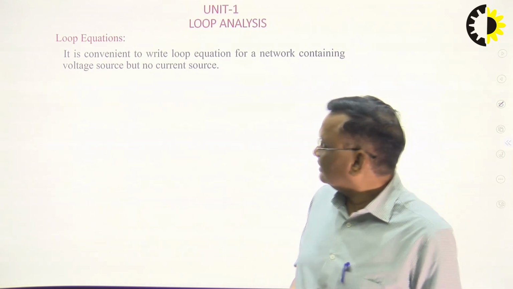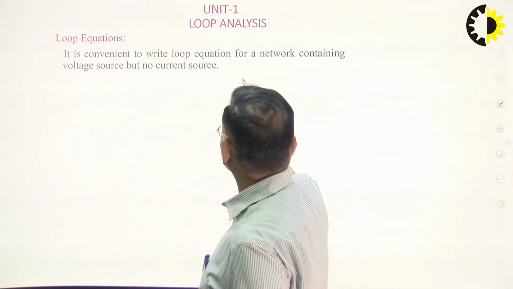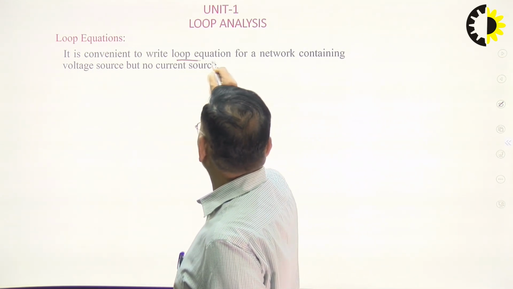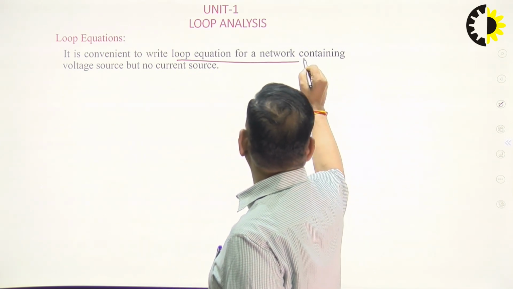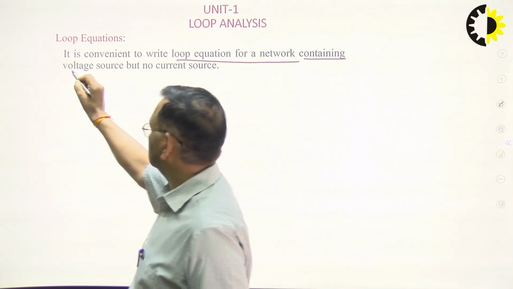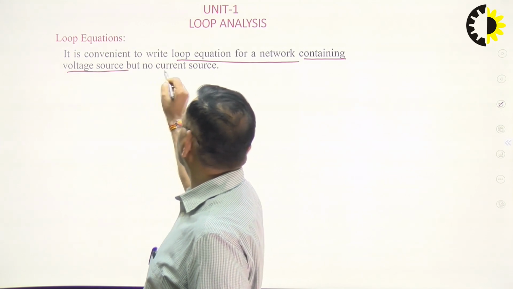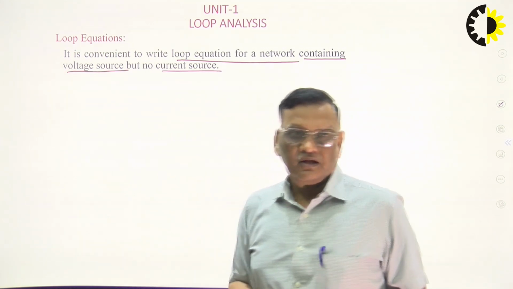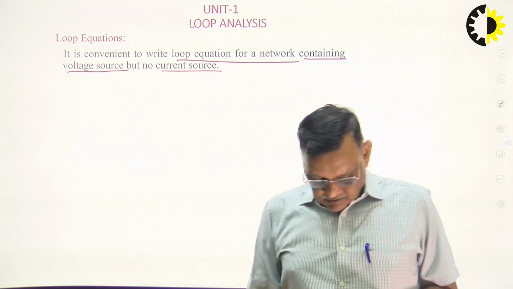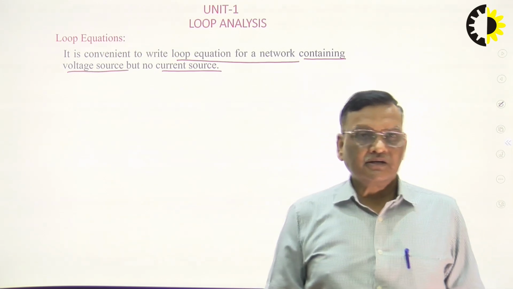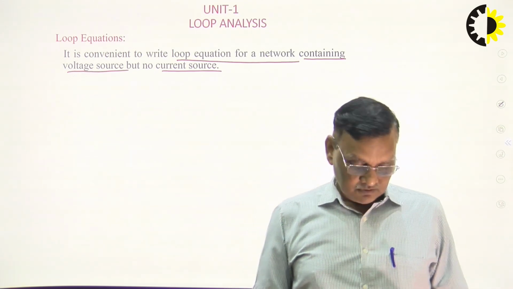It is convenient to write loop equations for a network containing voltage sources but no current source. If the network contains a current source, then what will we do?